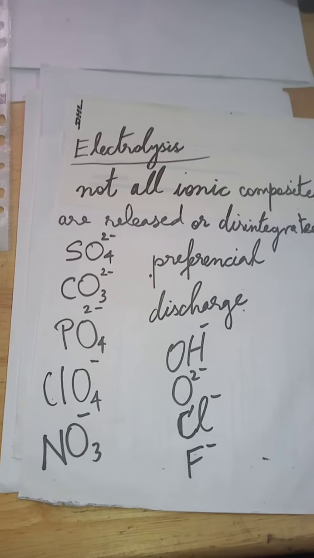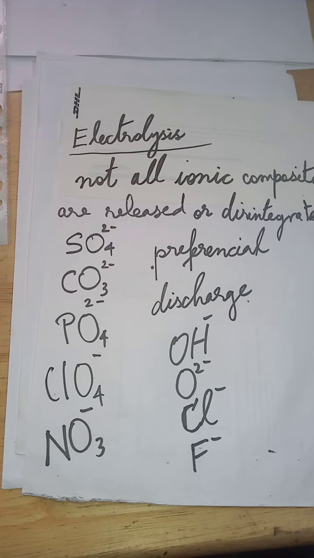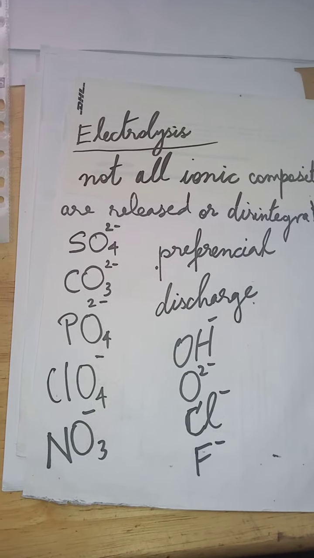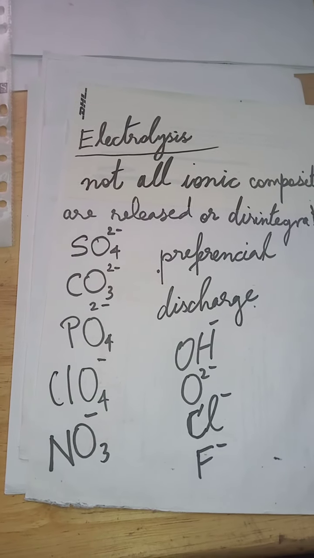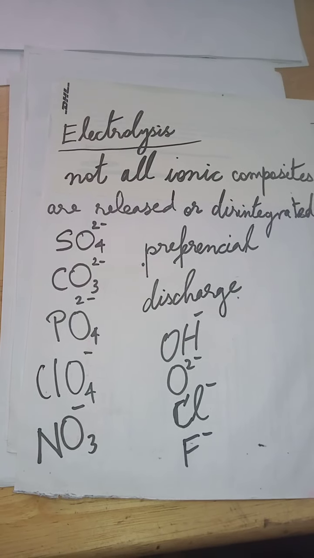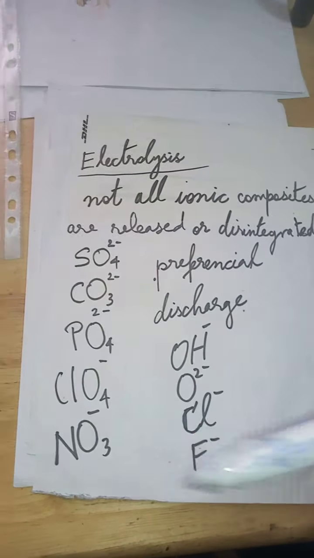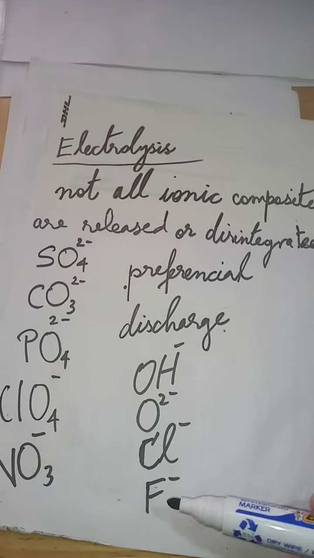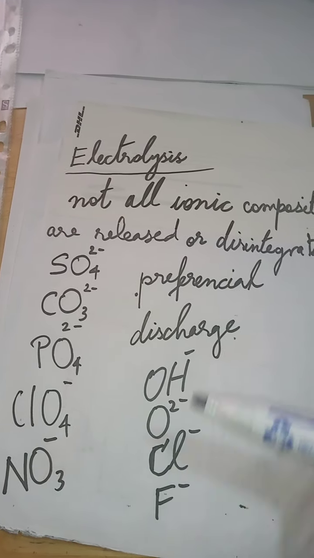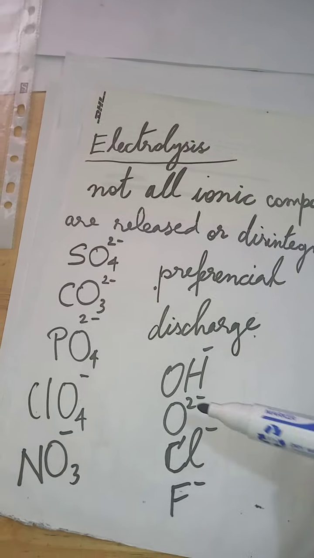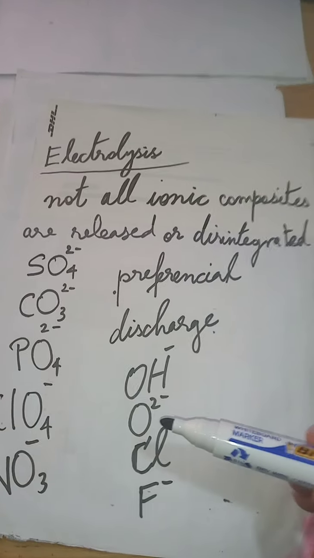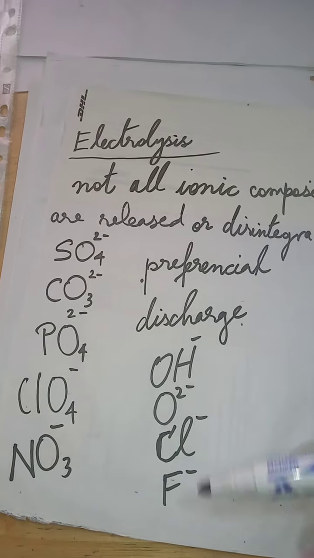So the circuit's Coulombic forces are not strong enough to break the electrostatic or covalent interactions of these complexes: sulfate, carbonate, phosphate, chlorate, or nitrates. But these ones are weak enough, and they will be discharged at the anode or cathode or wherever they be. And they will then be released as gases.